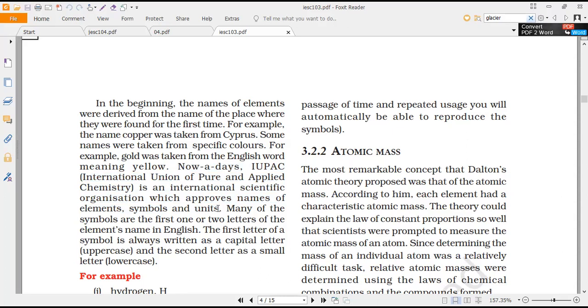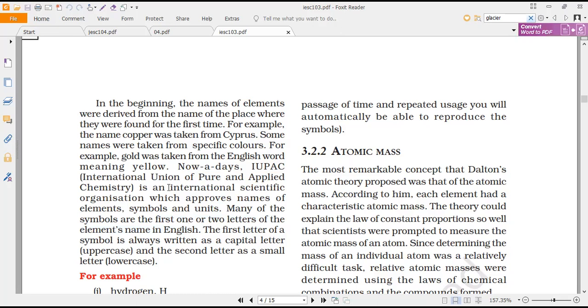To approve these names of the elements, symbols, and as well as units, many of the symbols are the first one letter or two letters of the element's name from English. But so many elements get the same name. That is why some letters we are writing from the Latin names and Greek names also, because the number of elements is increasing.